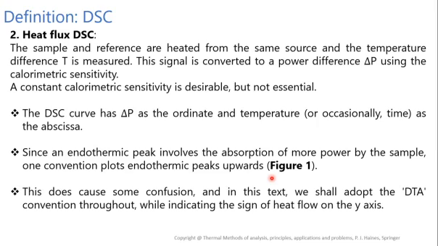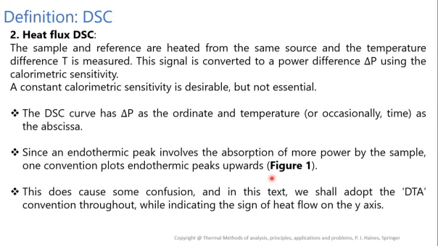So the DSC curve has delta P as the ordinate and the temperature, or occasionally time, as the abscissa. Since an endothermic peak involves the absorption of more power by the sample, one convention plots the endothermic peak upward, and another convention plots an exothermic peak upwards and the endothermic peak downwards.